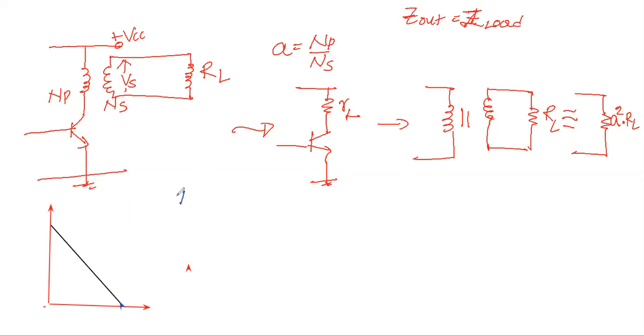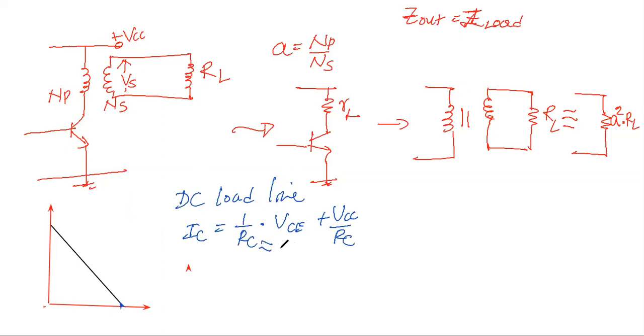You can write down the DC load line: IC equals 1 over RC into VC plus VCC divided by RC. Your RC value equals 0. Therefore, this load line becomes something like this.